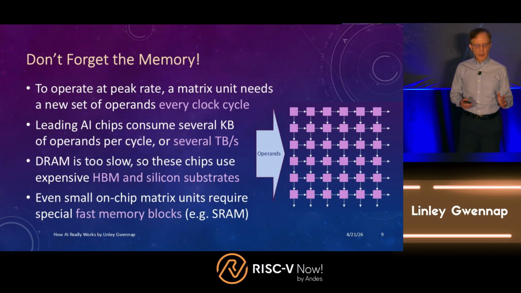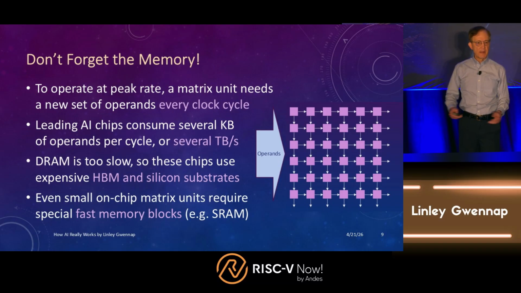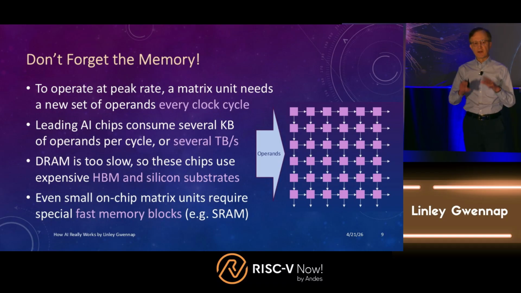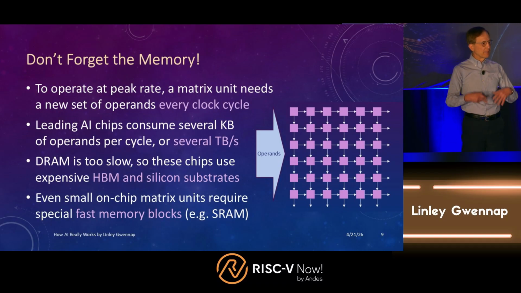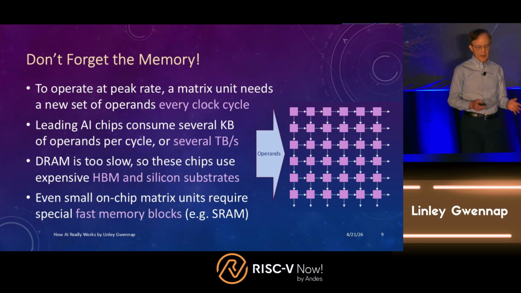And so you can end up needing several terabytes per second of memory bandwidth in order to feed one of these enormous matrix units. And even if you break that down into smaller matrix units, however much throughput you want to have in your chip, you're going to need to feed this data in at a very high rate.